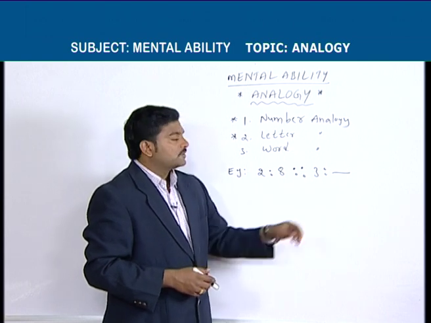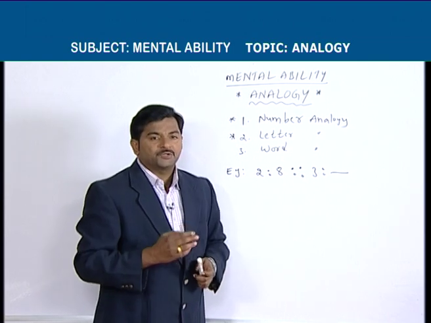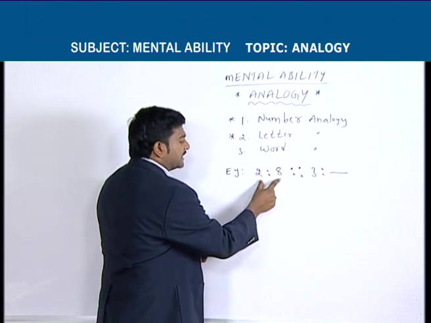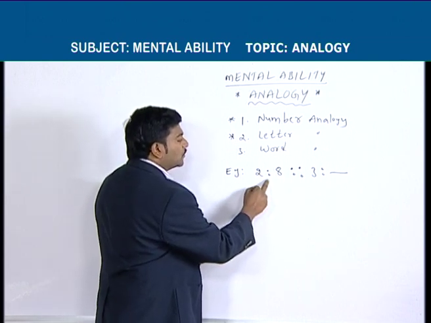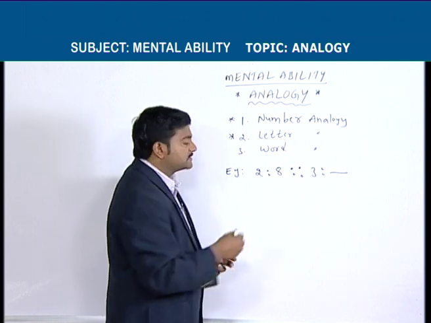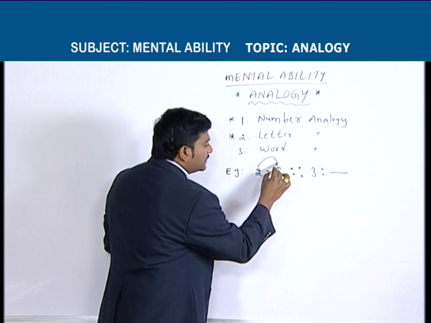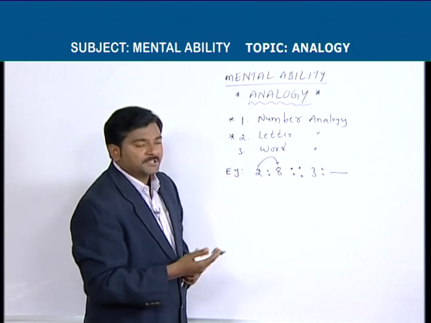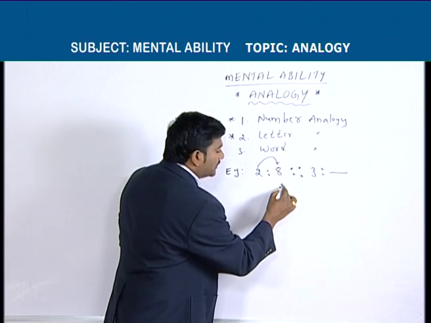So usually to find out this value you need to think in two ways. First way is from set 1. Here set 1 is what he given, 2:8. One way of thinking is from 2 how you are getting 8. So usually 8 can be written as what? 2 cube.